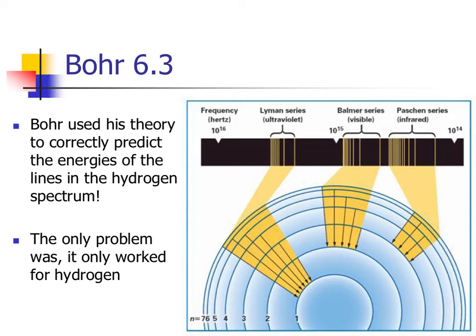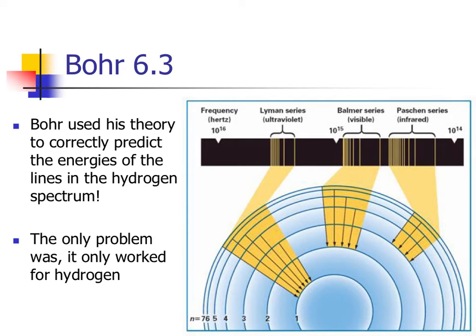Okay. Now, he was able to predict the hydrogen spectrum, the line spectrum, based on his information. However, it only worked for hydrogen.